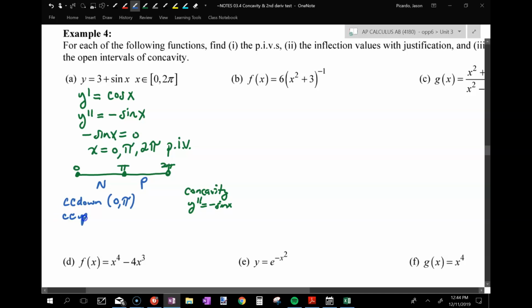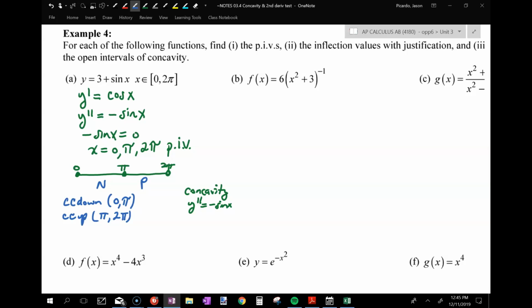I was concave up from pi to 2 pi. Is my PIV an inflection value? Did I have a change of concavity? And is it defined within the function? Yeah.